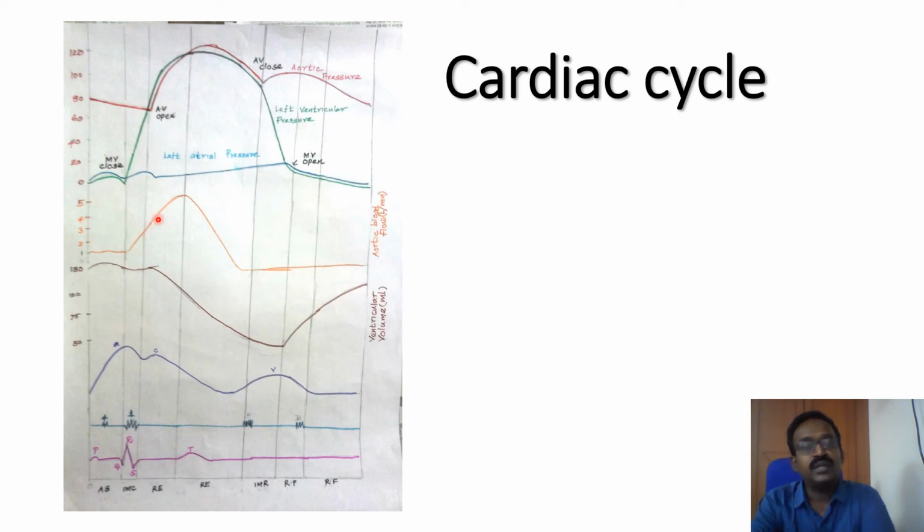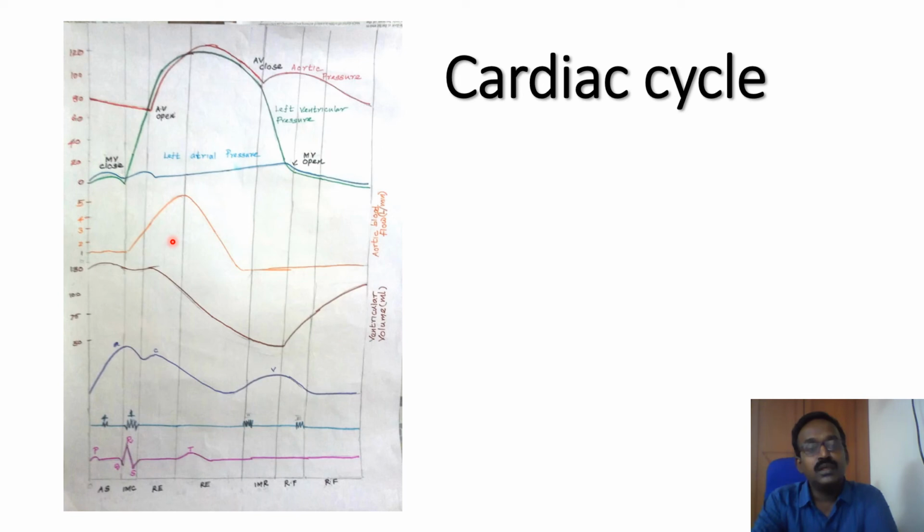Here aortic blood flow greatly increases. Aortic pressure is increased, and the ventricular pressure is also increased during the rapid ejection phase. When the rapid ejection phase is over, the aortic pressure exceeds the ventricular pressure.